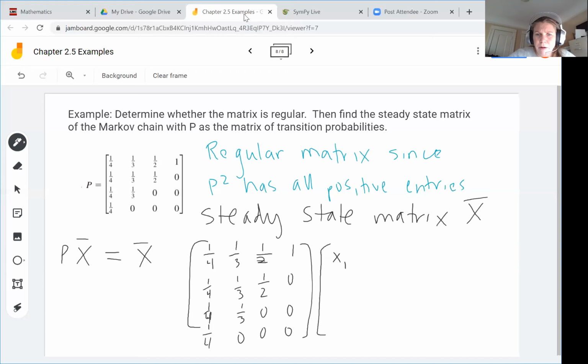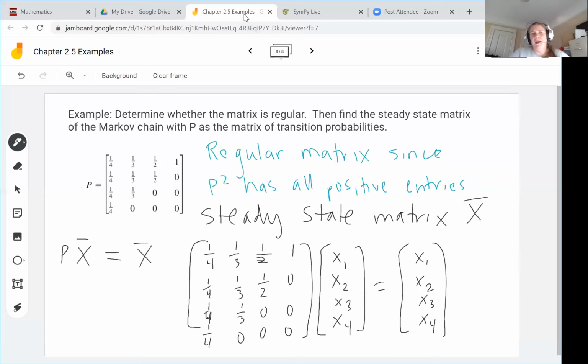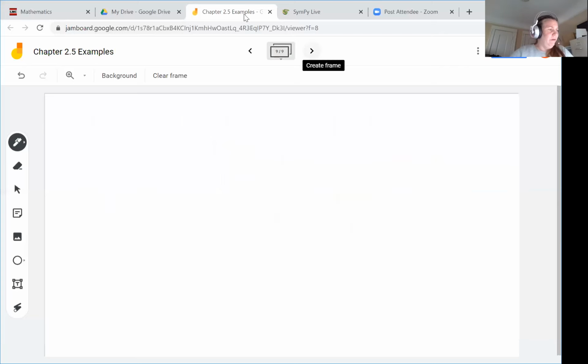It's going to correspond with these values in a column vector, so values x1 through x4, and we should still get out x1 through x4, because if this is a steady state matrix, when we multiply the matrix of transition probabilities P by the steady state matrix, we are still expecting to get out the steady state matrix. So let's translate this into a system of equations.